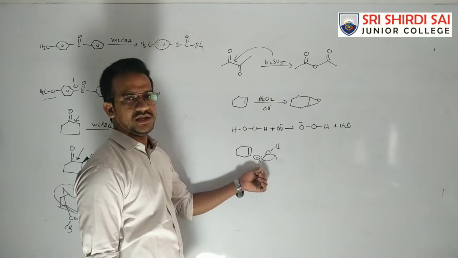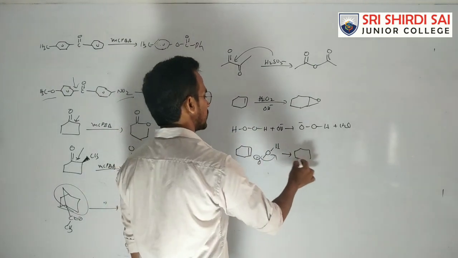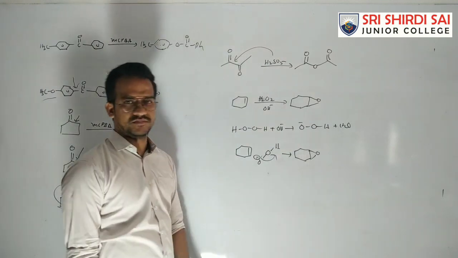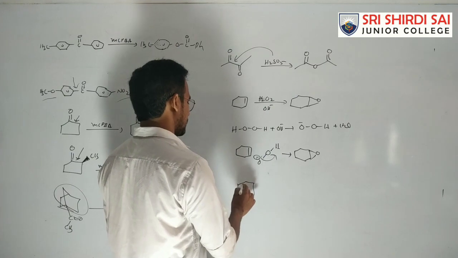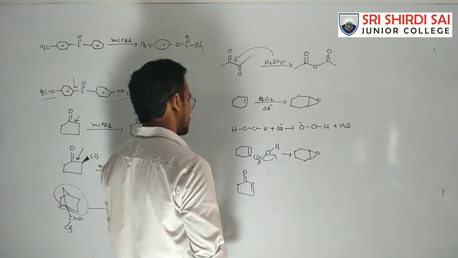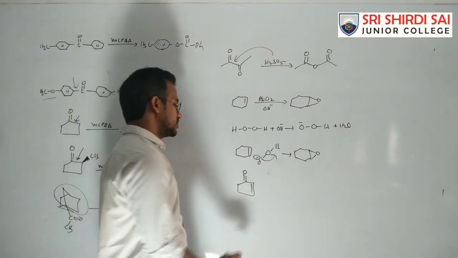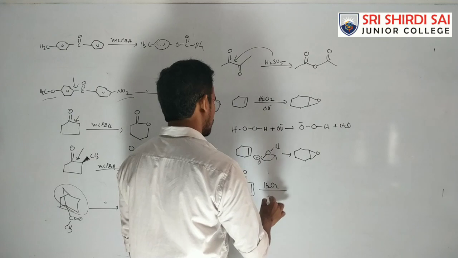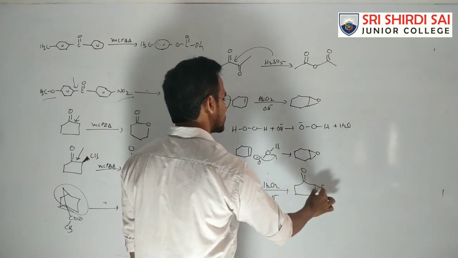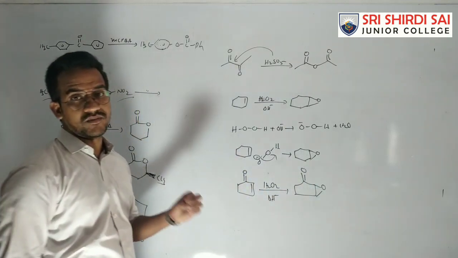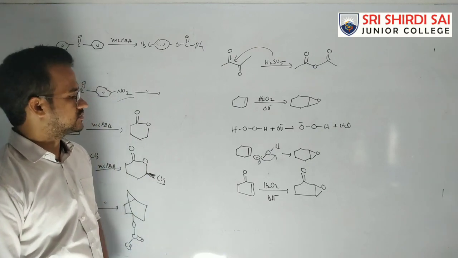That atomic oxygen combines with cyclohexene, so we get the cyclic ether. Suppose this compound has a double bond O, and this is the alkene. There is a ketone group as well as a double bond. In this case, with H2O2 and OH minus, epoxidation takes place, not the Baeyer-Villiger oxidation reaction. Just epoxidation takes place. Okay, that's it.